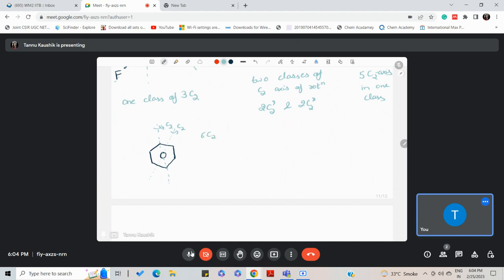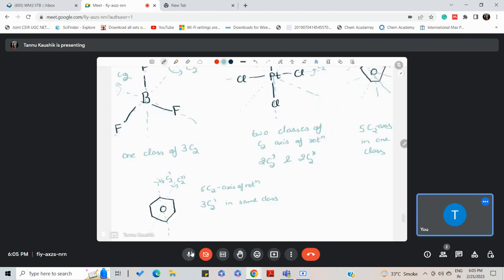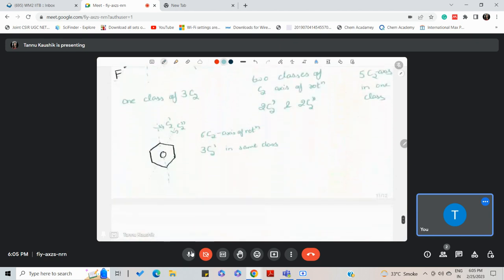There are a total of 6 C2 axis of rotation, out of which 3 C2 prime will be in the same class, and if I label the others as C2 double prime, they are in the same class.